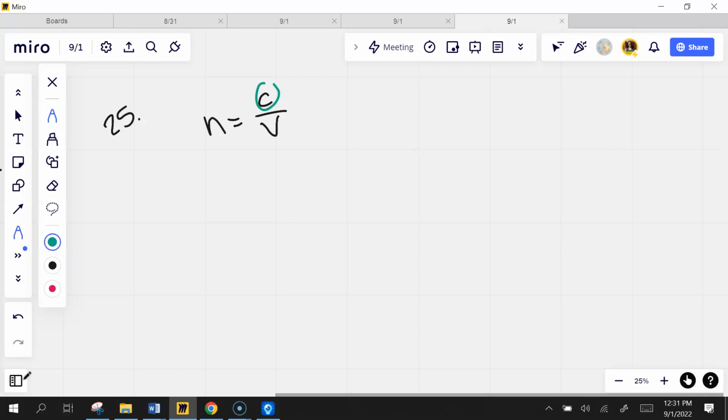So that's important. That tells me this is the constant. And it says to write a sentence that expresses the relationship in the formula using the language of variation or proportion. So all this is saying is that N is inversely proportional to V.